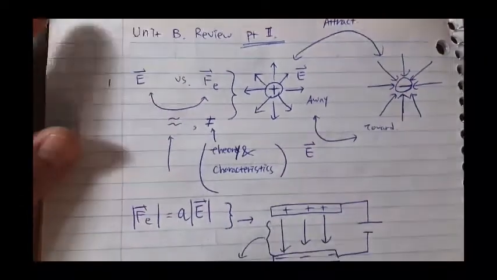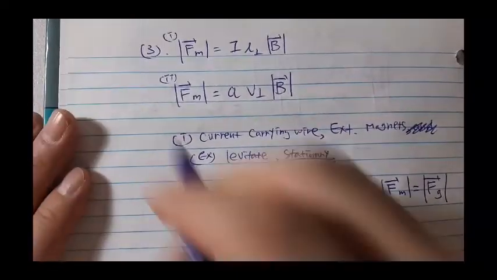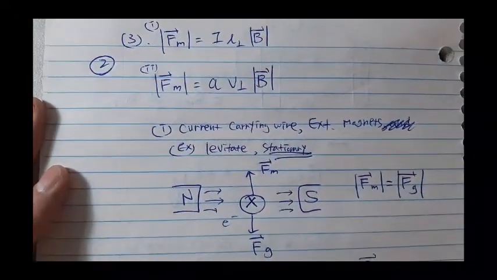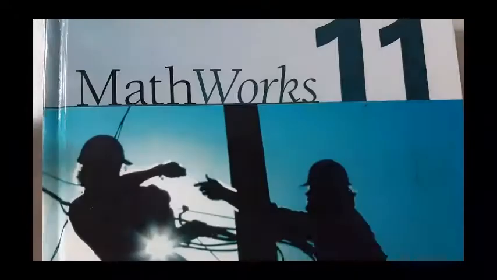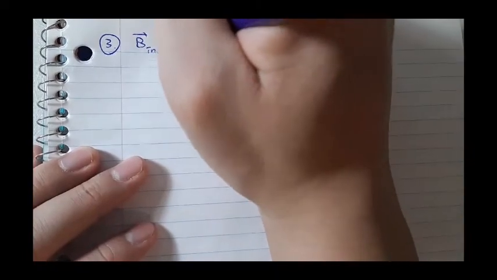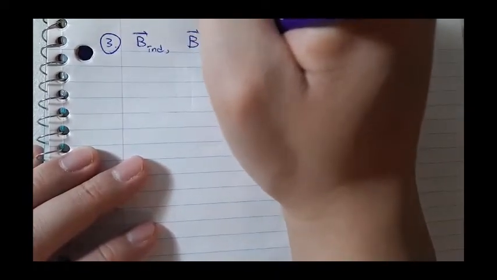Or let me quickly check. Hand rule was number 1, and calculation of force is number 2, sorry. And number 3 is my induced magnetic field and any type of magnetic field technology.